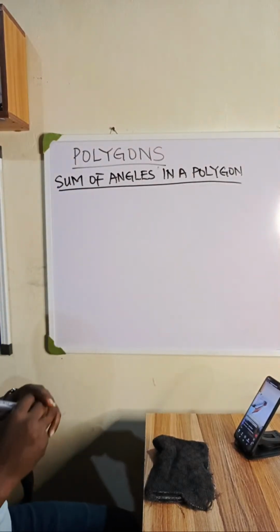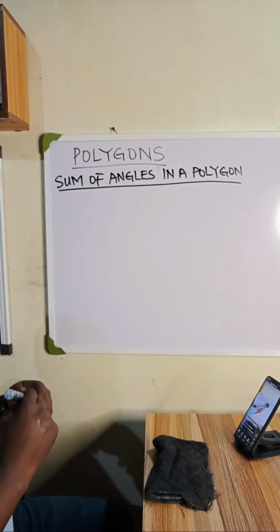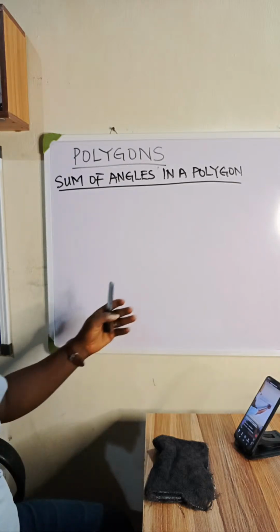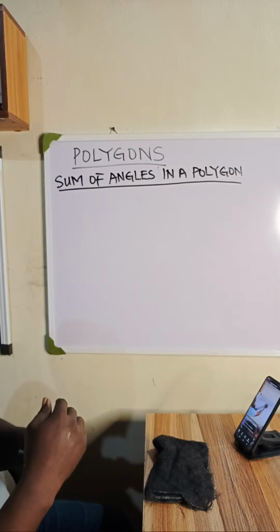Okay, sum of angles in a polygon. So sum of angles in a polygon means add all the angles of the polygon together.